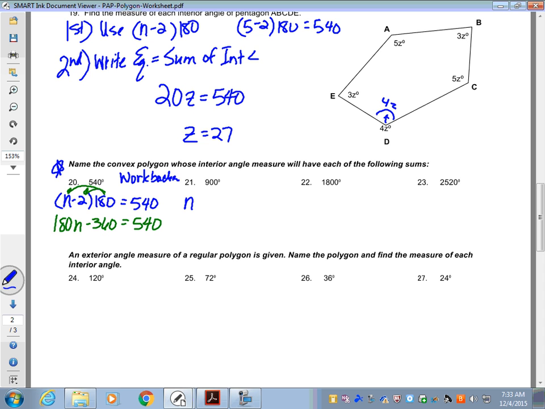because it's n minus 2 times 180, there's multiplication here, like on number 21, I know the sum is 900. And because the parentheses is showing multiplication, I could divide everything by 180 first, and get n minus 2 left. And so here I would have, what was it, 9?